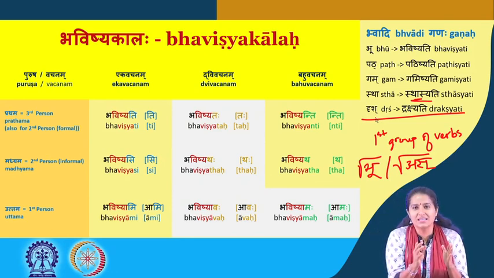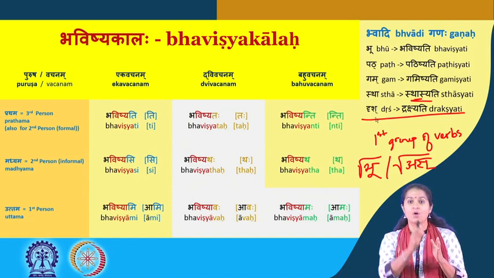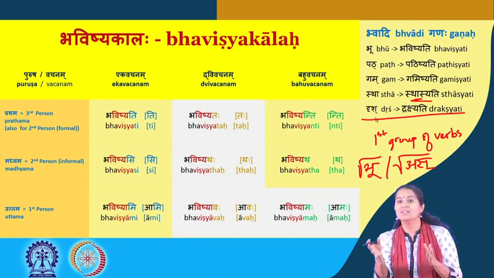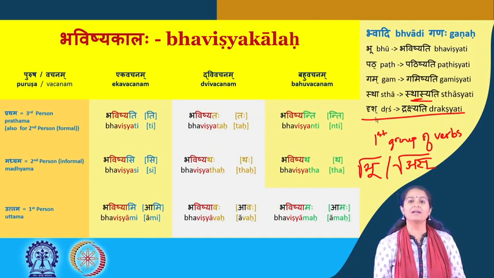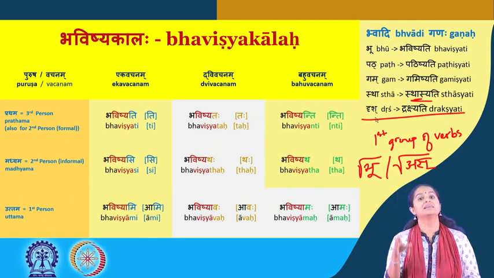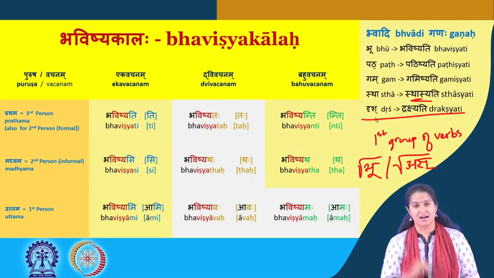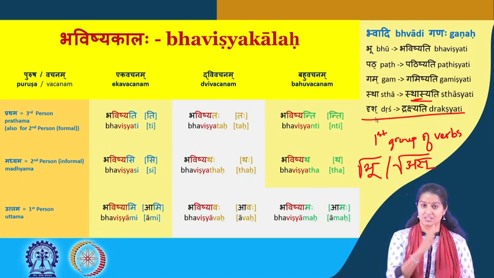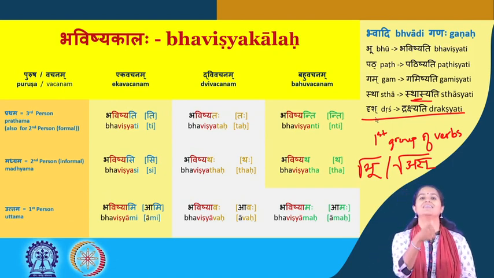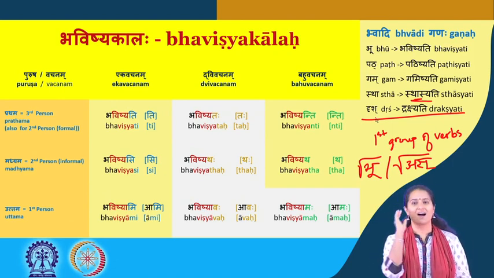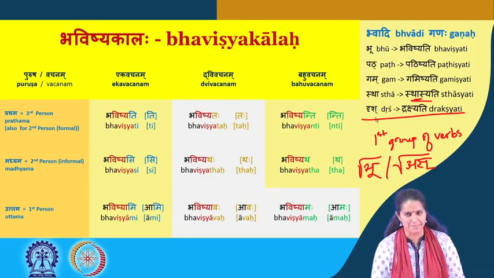Okay, so pashyati, drakshyati, he will see. So let's see if you can conjugate that. Drakshyati, drakshyataha, drakshyanti, drakshyasi, drakshyathaha, drakshyatha, drakshyami, drakshyavaha, drakshyamaha.